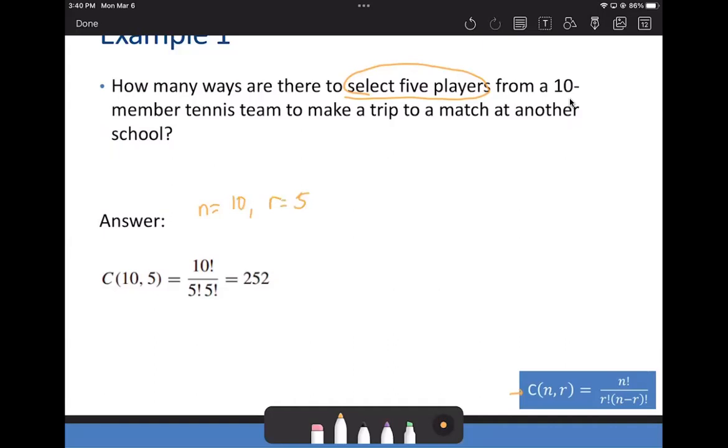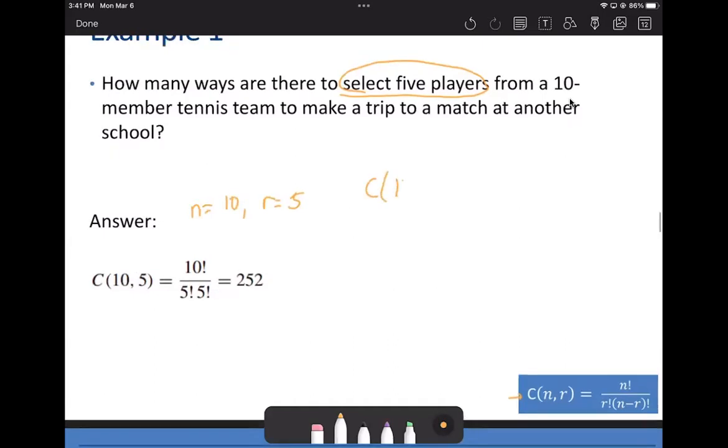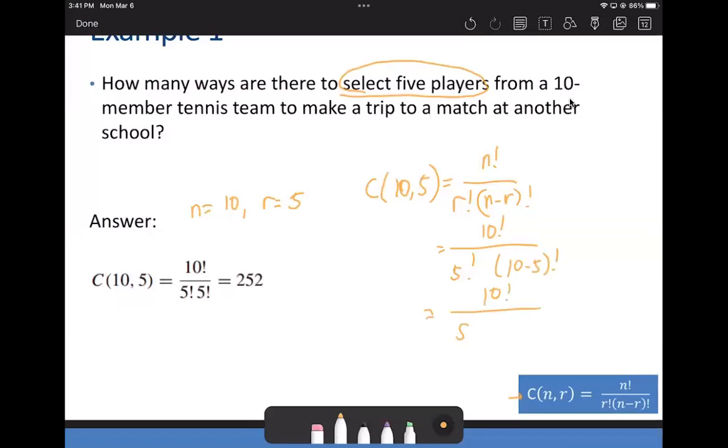Okay, so we then have C of 10 taken 5 and we'll have n factorial. Sige, isa-isahin natin. So what will be the n? That is 10 divided by the r. The r will be 5, right? And the n minus r, so that is 10 minus 5 factorial. And we'll have 10 factorial over 5 factorial times 5 factorial, right?